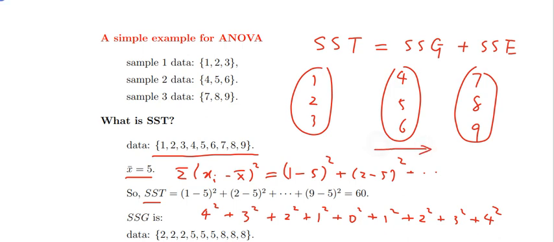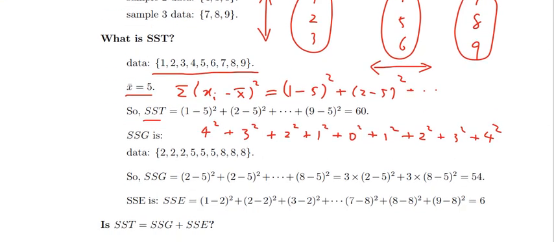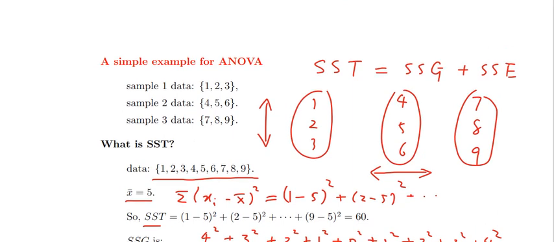We just check the change from this direction. So we assume that in the other direction there is no change. No change means we have to replace the data 1, 2, 3 with 2, 2, 2.